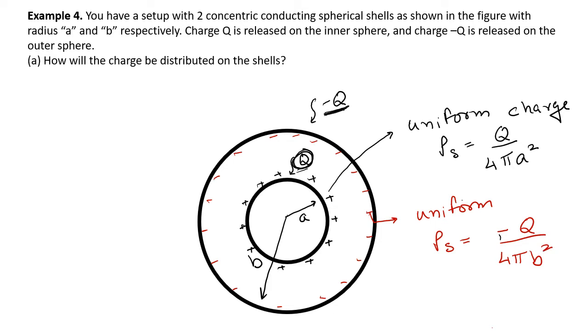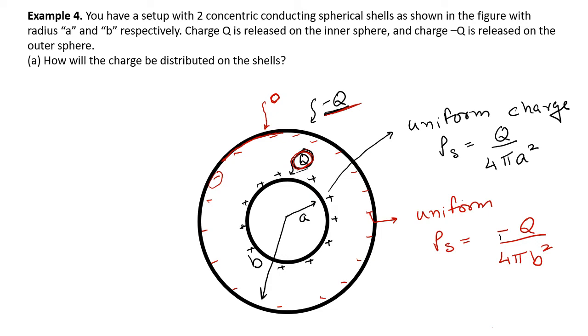I'm just drawing it right here, but I mean that this is actually sitting right on that surface of the conductor. What would the charge outside be? That would be 0. There is no charge on the outside surface of the conductor. All this charge would be attracted towards this plus Q. So that is how the charge would be distributed on the shells.